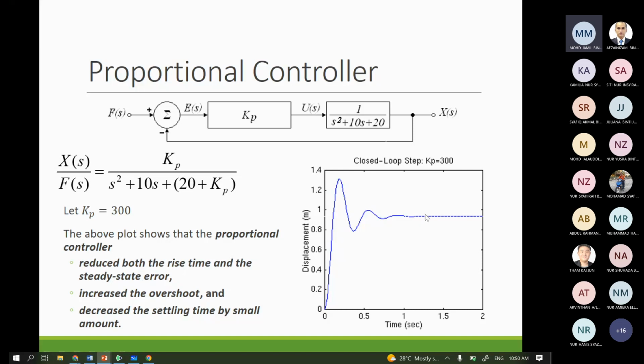So if you look at the steady state value here, it reaches almost 1, which is about 0.95. So just now, before adding controller, you get 0.05, which is about here. So now the steady state error has been reduced, but you introduce an overshoot in the system. And the other things like rise time and settle time has been reduced. So the problem here is that you introduce overshoot to the system when you put a proportional controller.